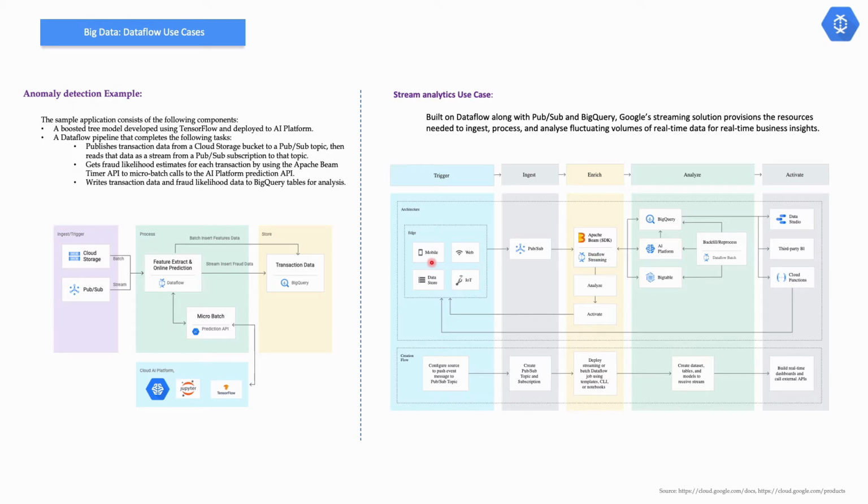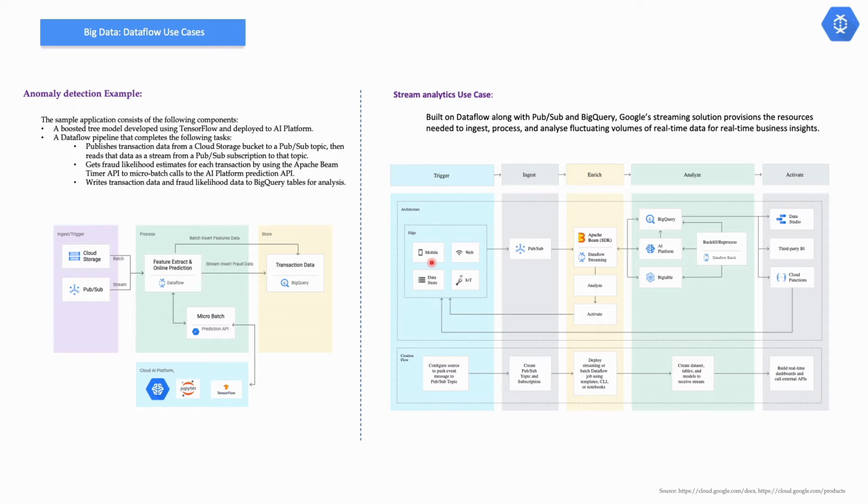So anywhere that there's data processing required, data movement is required from different GCP services, Dataflow is a very good fit, and it has a native integration, and Google provides a lot of templates and deployment methodologies.